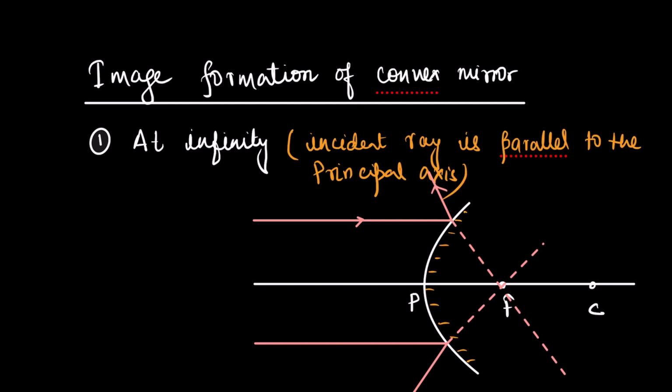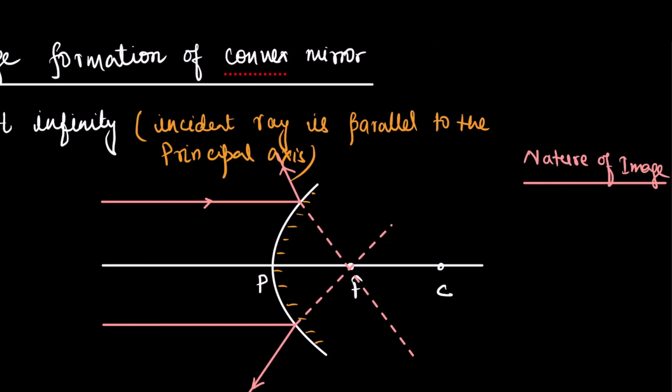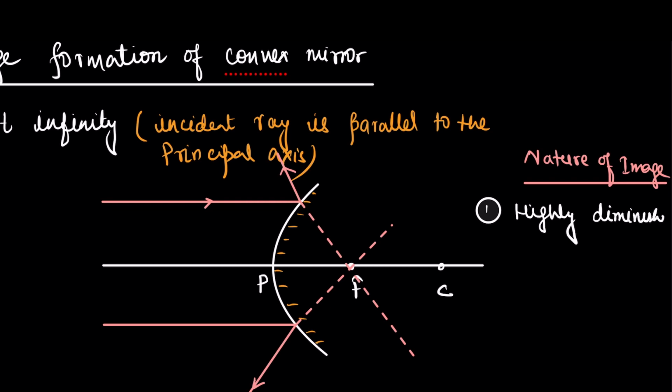So in this case, the nature of image will be, first it is highly diminished. Second, it is virtual and erect. Why is it virtual and erect? Because image and object are on the other sides.